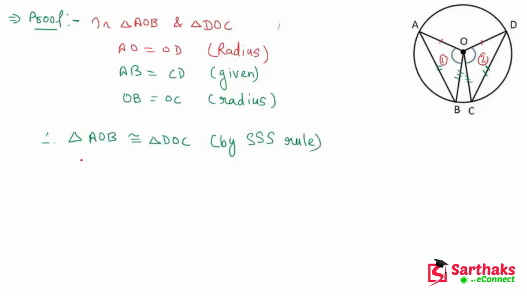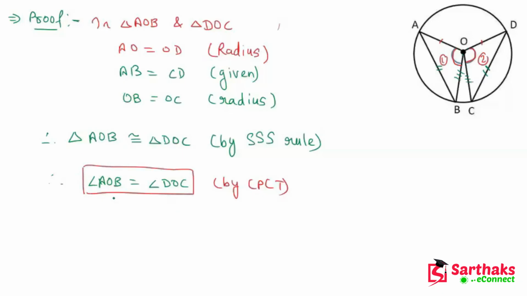I hope you understand these things. So we can say that this angle is equal to this angle by CPCT, corresponding parts of congruent triangles. So angle AOB is equal to angle DOC. These two angles are equal by CPCT.